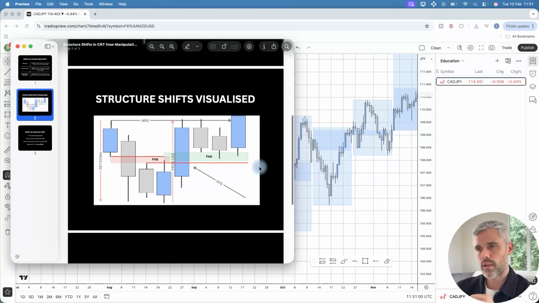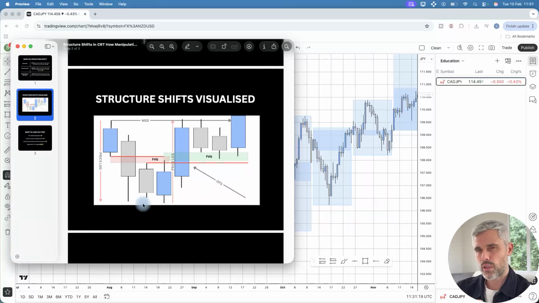So this is what a potential order flow shift and market structure shift will look like on your charts. So we have bearish price action, whereby we have an order block, so the last buy to sell. Then we get the creation of a fair value gap, an inefficiency in price.